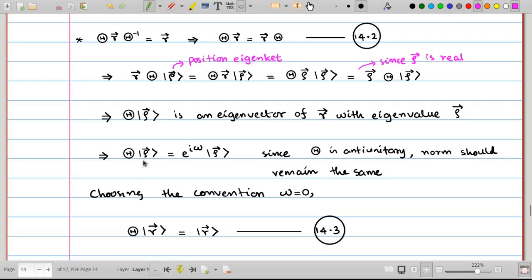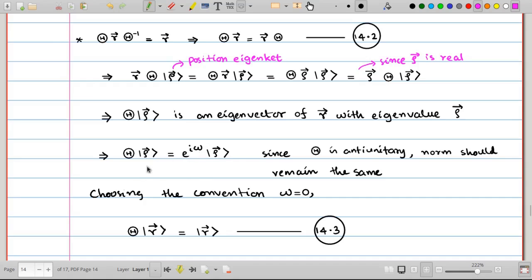Therefore, theta rho should be a multiple of the position eigenket rho. Now, since theta is assumed to be anti-unitary, it shouldn't change the norm of the vector it is acting on, and therefore the multiplication factor should be of unit absolute value.